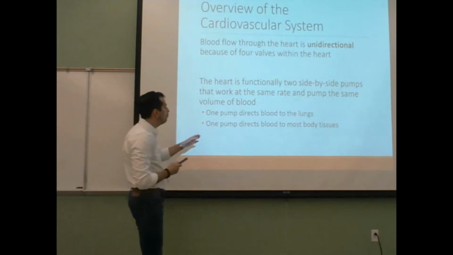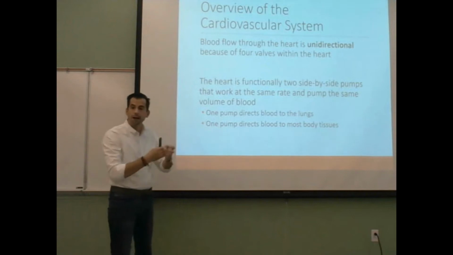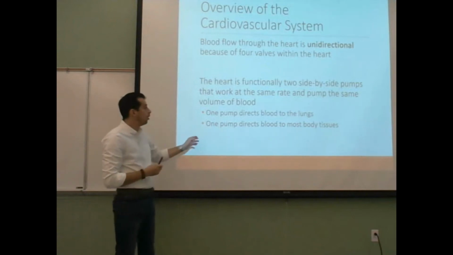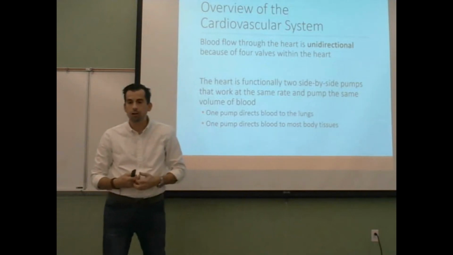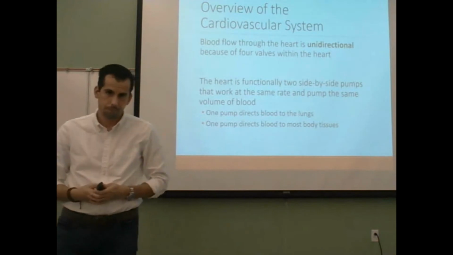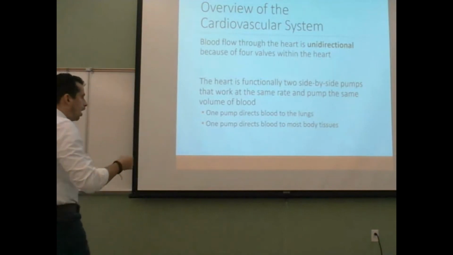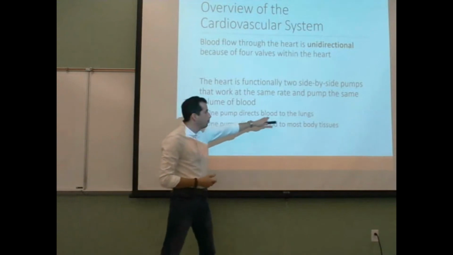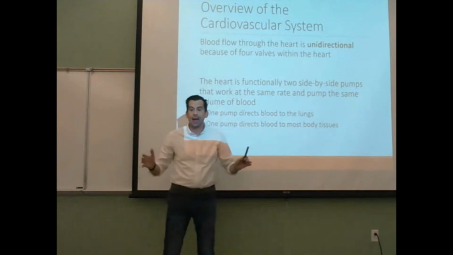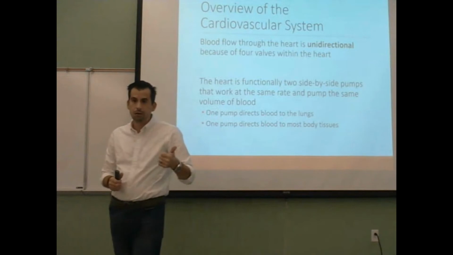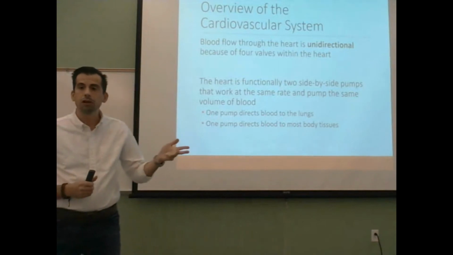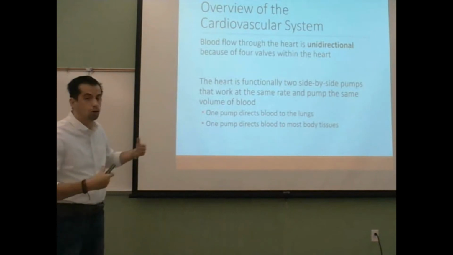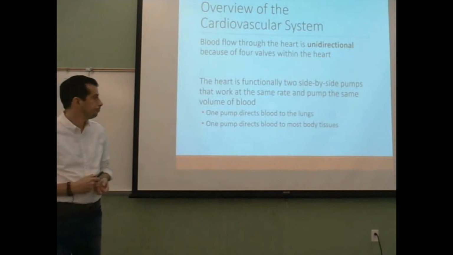The left side receives that blood, contracts again, and ejects that blood out to the rest of the body tissues. And when I say body tissues, again, one half pumps to the lungs, the other half pumps everywhere else. Head, arms, legs, abdominal organs, even to the heart tissue itself.